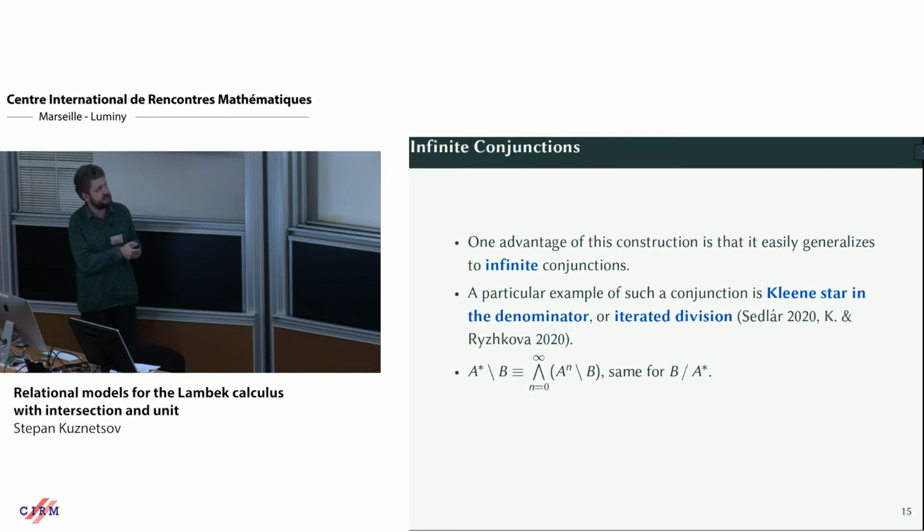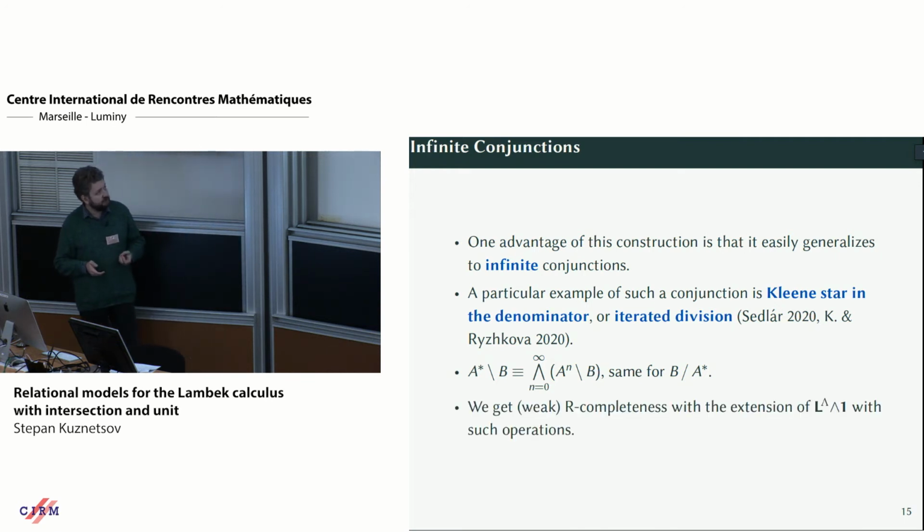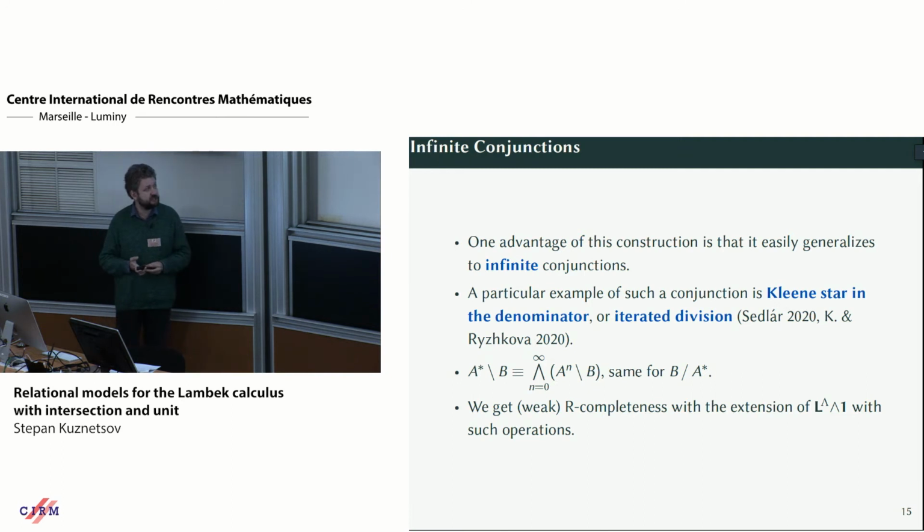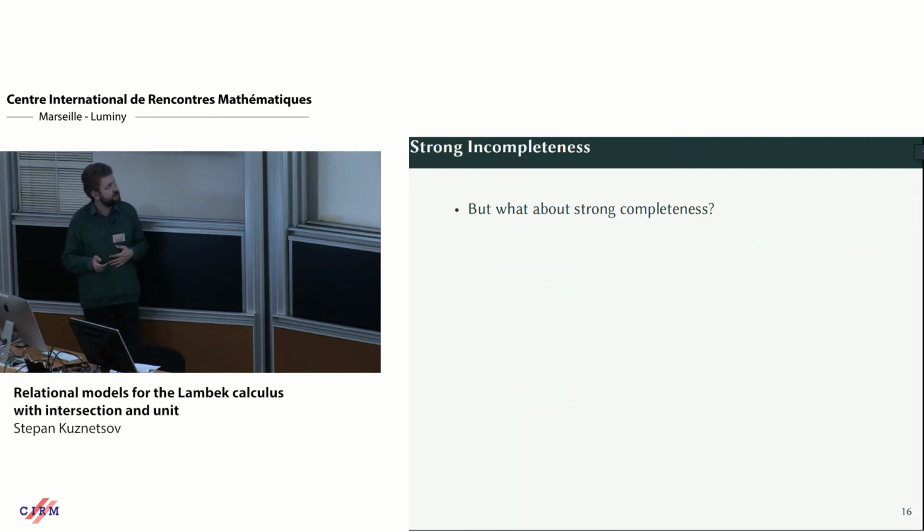And the same for the other side. You just add them, and by the same argument you will also get completeness, and you don't have the problem of the filters being only finite. So we get weak R completeness for this extension with such operations, just as a corollary of our construction.